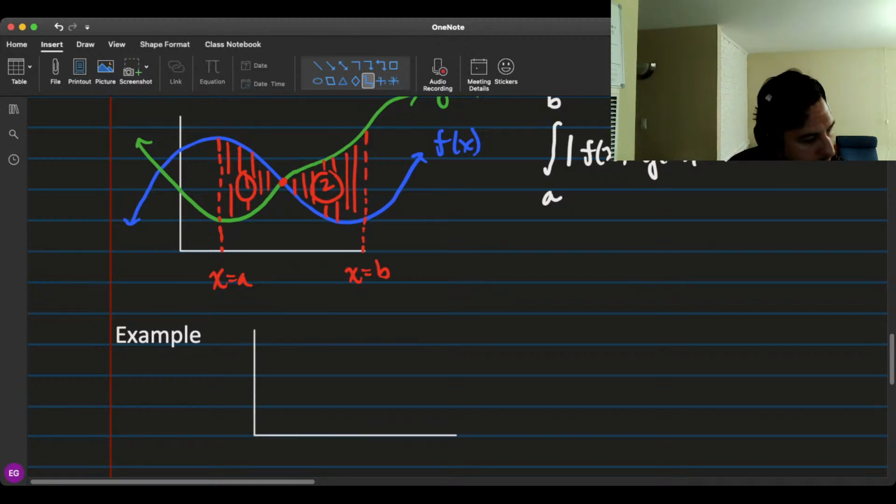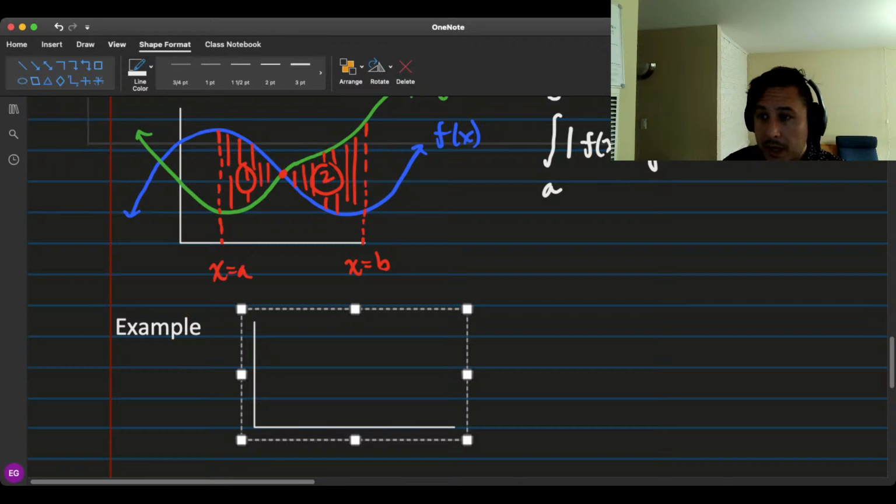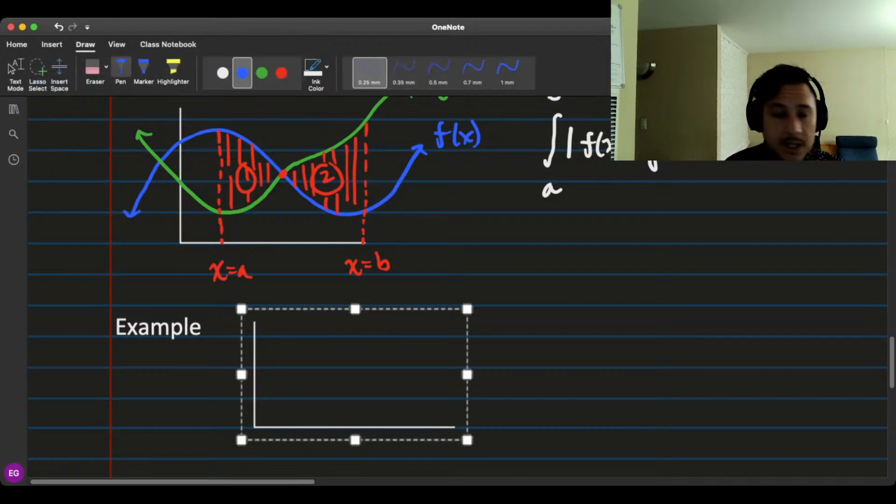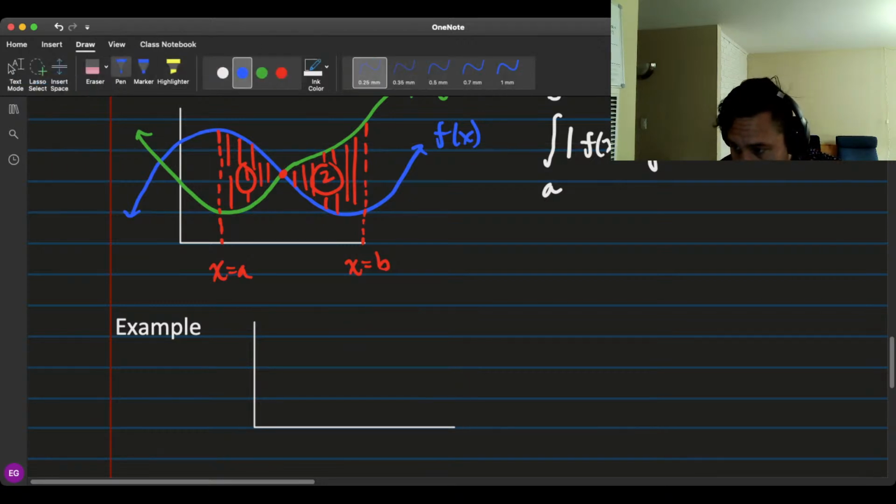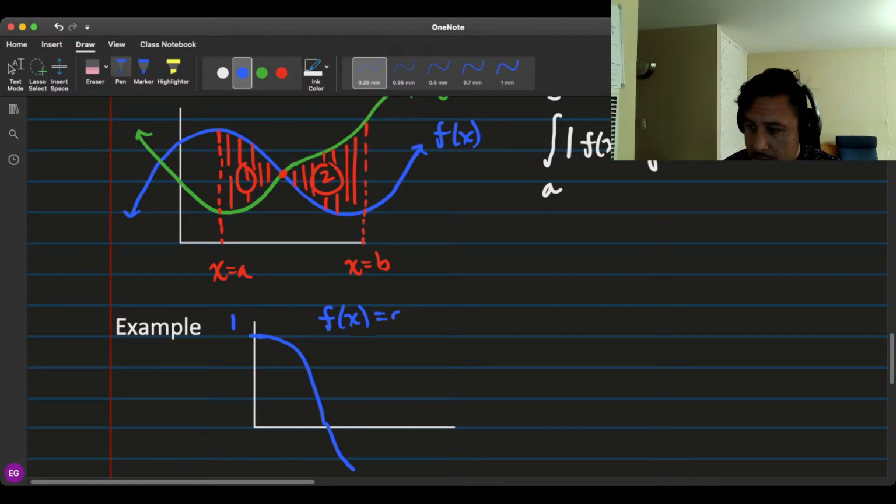One of my functions is going to be sine. So here's one right here. So we've got f of x equals sine x.